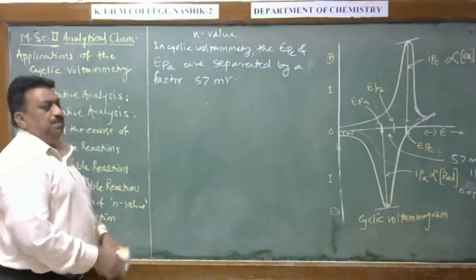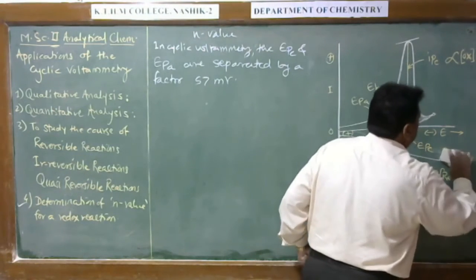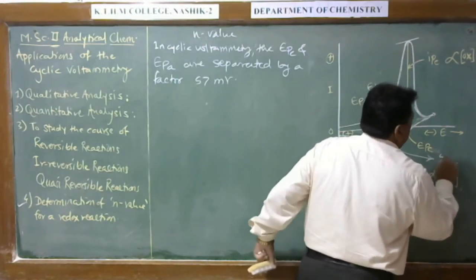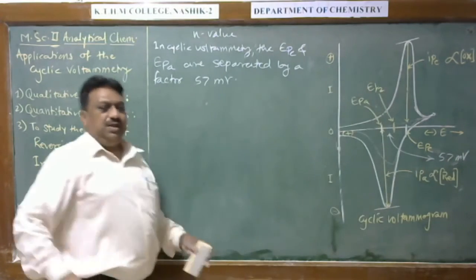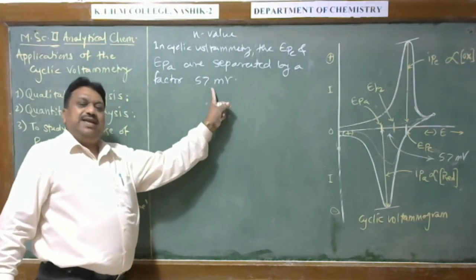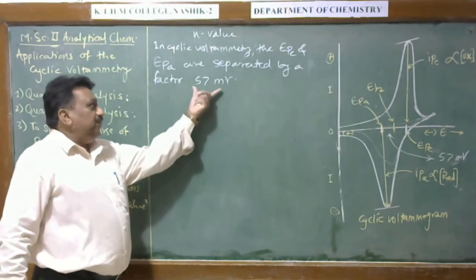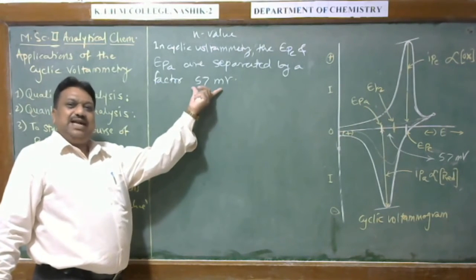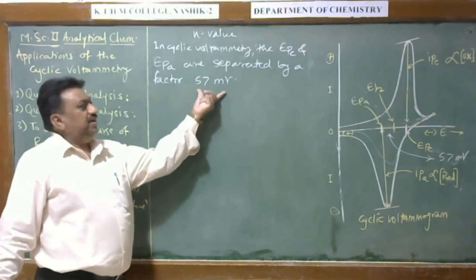Therefore, this 57 millivolt value is very valuable. Here the peak to peak separation for a perfectly reversible reaction involving one electron is 57 millivolt. And if we have this difference less than 57 millivolt, then we can say more electrons are involved.